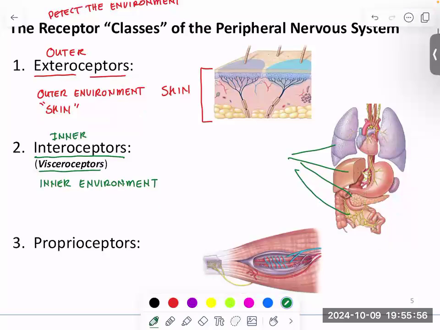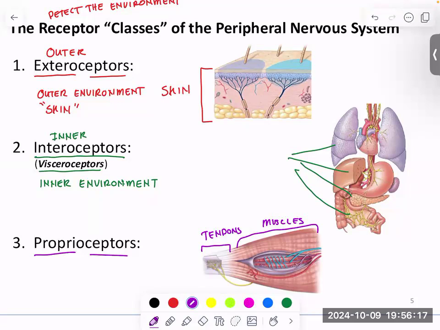Proprioceptor. This one's hard for students to comprehend. These are receptors that are typically going to be found in your tendons, in your ligaments, in the muscles, the skeletal muscles. What do these detect?